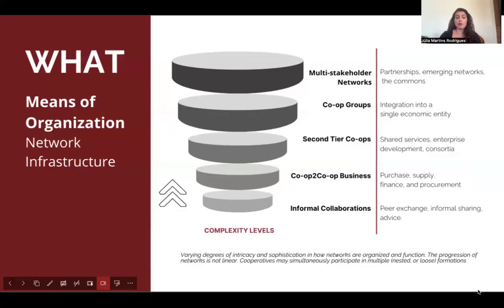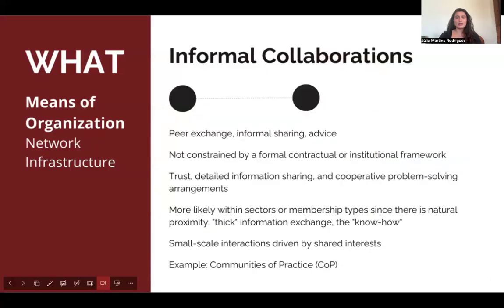Variations range from informal collaborations through personal relationships to completely integrated cooperatives, like single economic entities such as cooperative groups. At different levels, these networks leverage their participants' strengths, resources, and expertise while sharing risks and rewards based on mutuality, solidarity, and reciprocity.